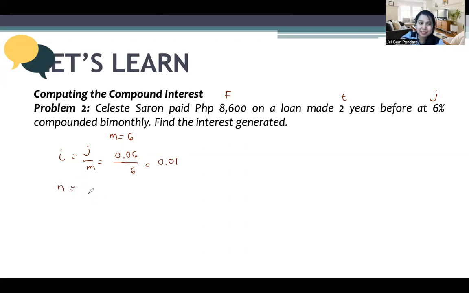Compounding periods. 12. That's bi-monthly, 6 times 2 years, so we have 12. Okay. So let's start solving. We're looking for the principal, right? We didn't know how much the principal is.